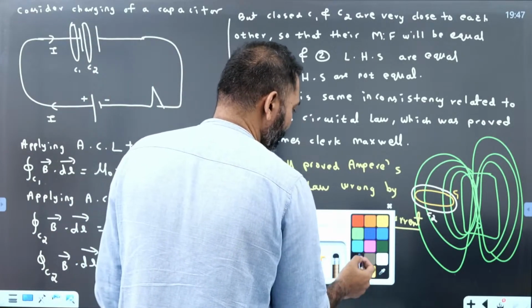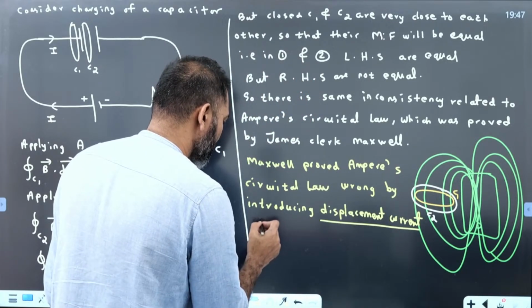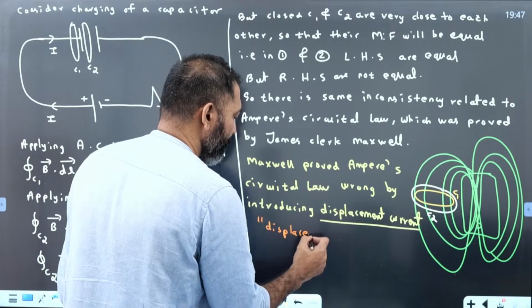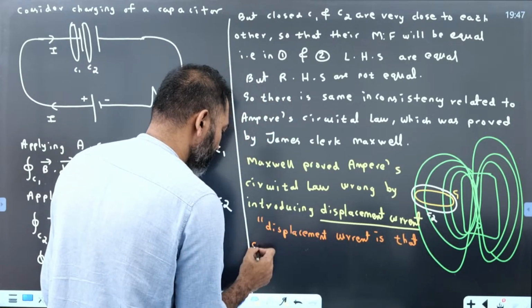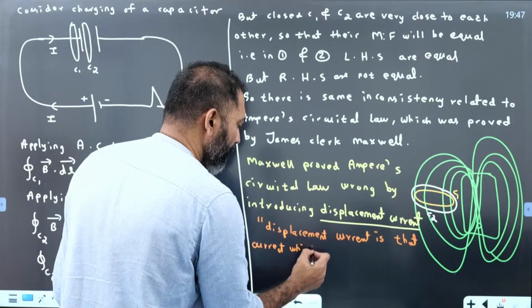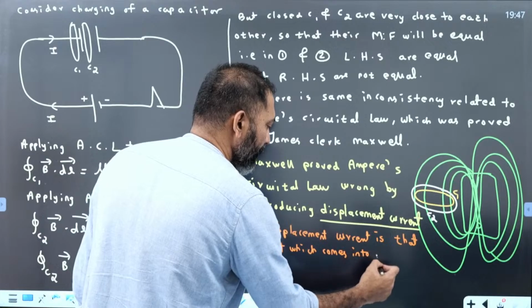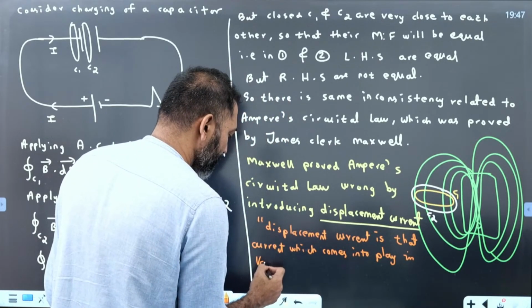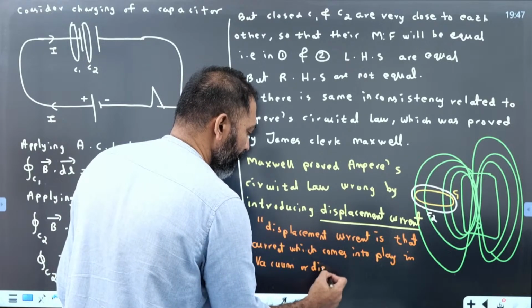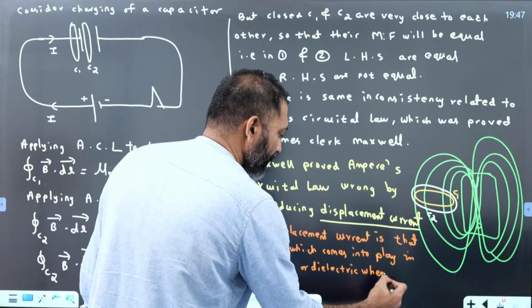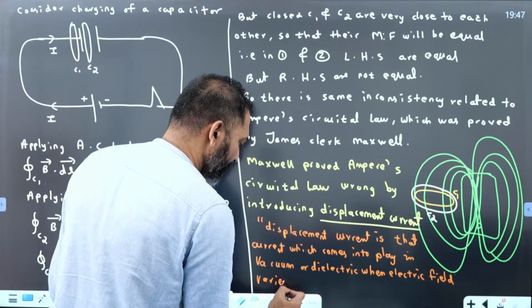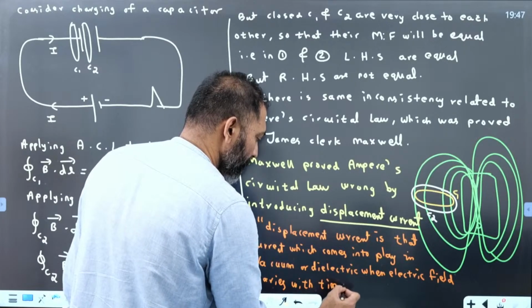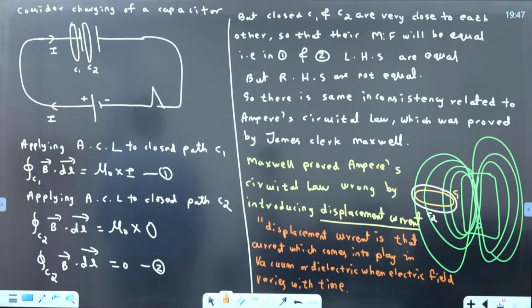Now you can expect a question: define displacement current. Displacement current is that current which comes into play in vacuum or dielectric when the electric field varies with time.